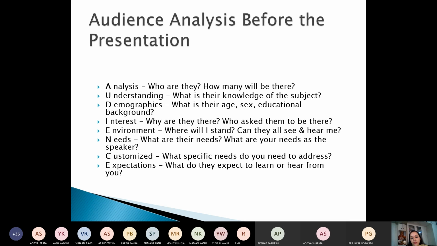Even if you don't want to do it for everyone, at least for the experts, or the people who are directly going to be your stakeholders, you should have some information about them. It will always help you to customize your presentation accordingly. E is environment. Okay, Akshat, any other point you want to add?